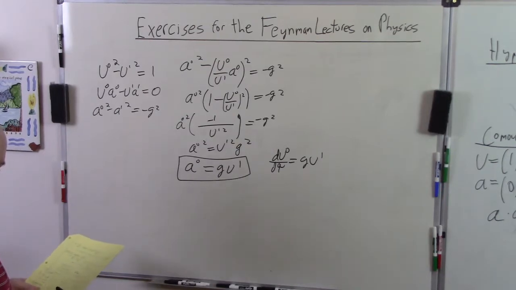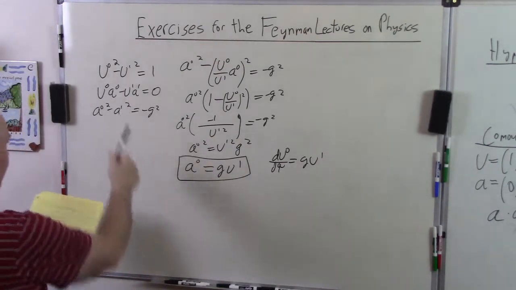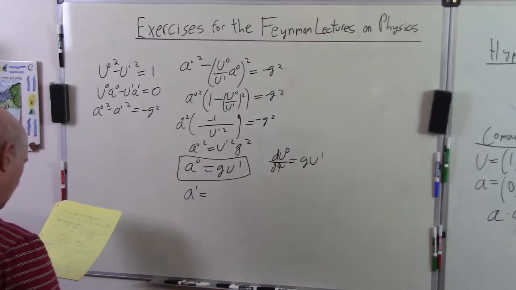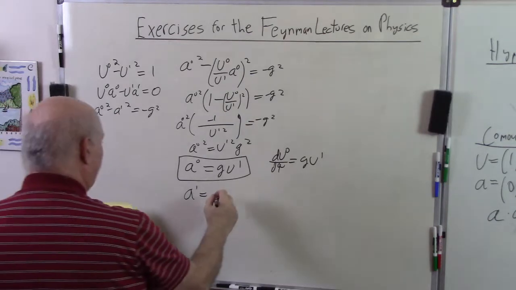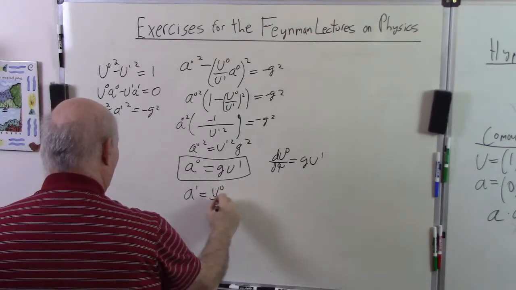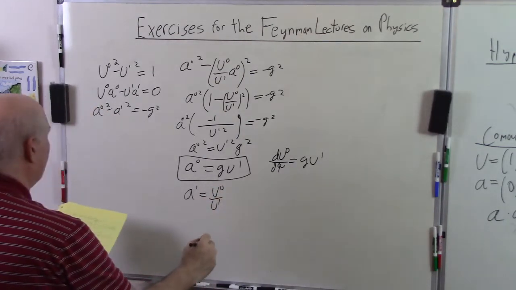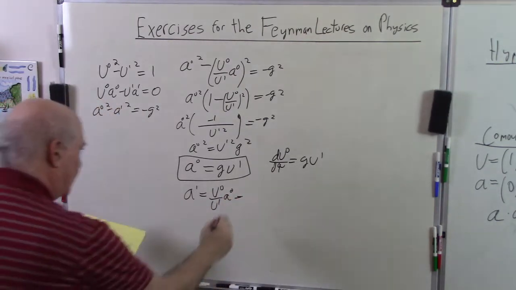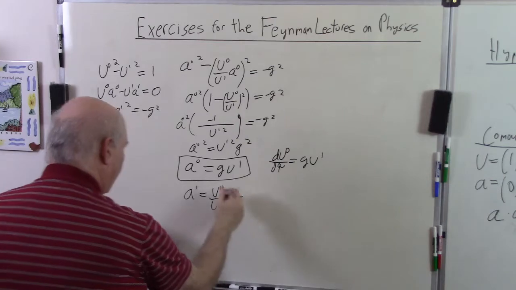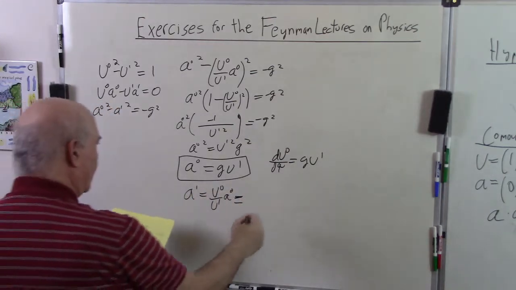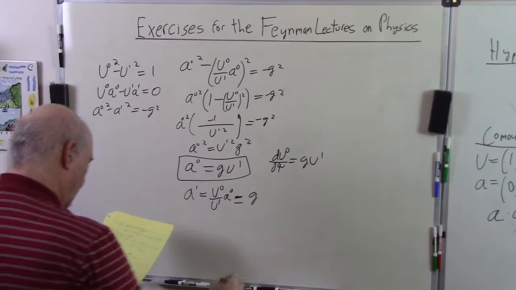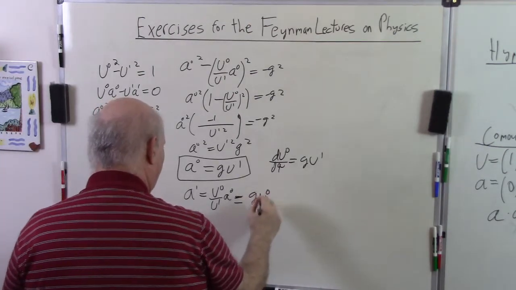Now, I can just go back to this equation. I have A1 is equal to U0 over U1 A0, which is, substituting the A0 there, I'm just going to get G U0.